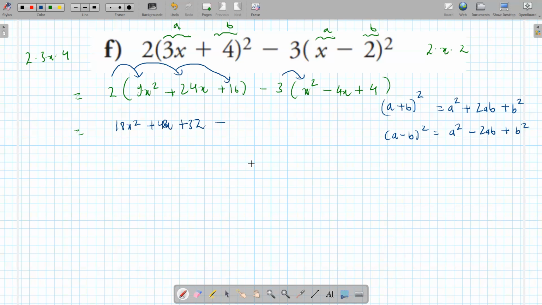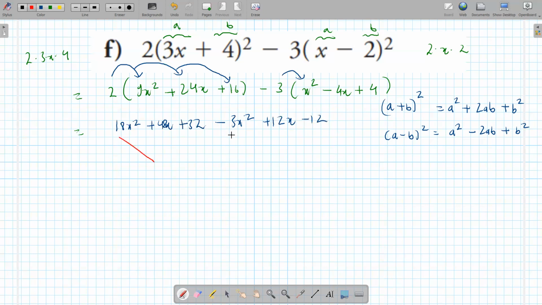Negative 3x squared. Yeah. What's negative 3 times negative 4x? 12x. What's negative 3 times positive 4? Negative 12. Now we collect like terms.